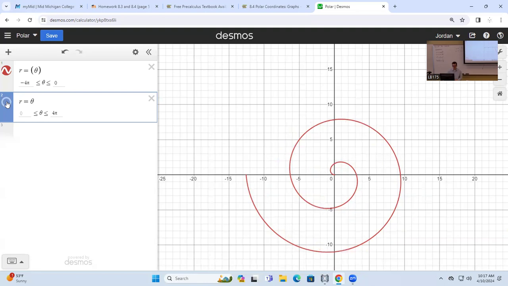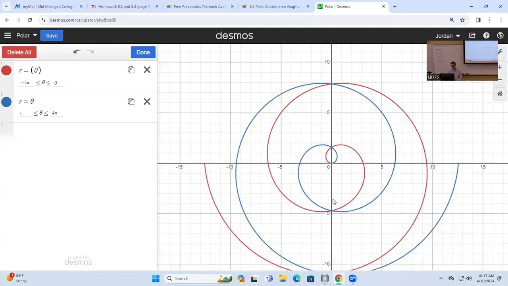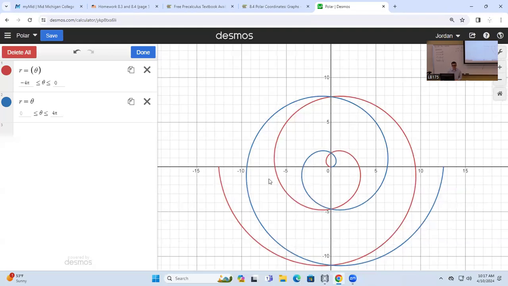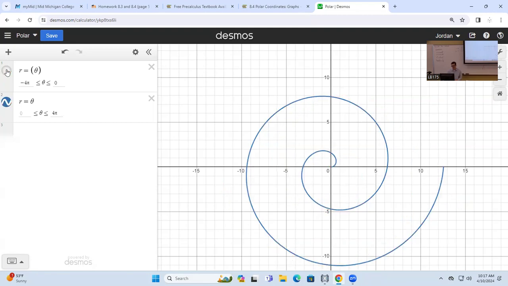These are both red. Let me change this one to blue. So I'm getting a positive spiral in blue. And when I say positive, I mean positive values, negative spiral in red. Okay. Interestingly enough, there's a spiral in one direction, there's a spiral in the other direction. So r equals theta gives you a spiral.